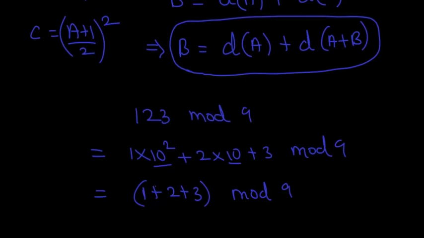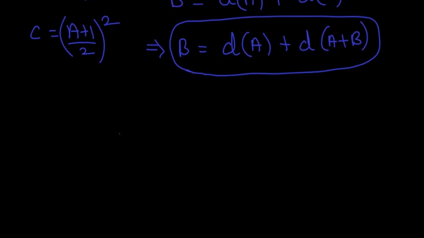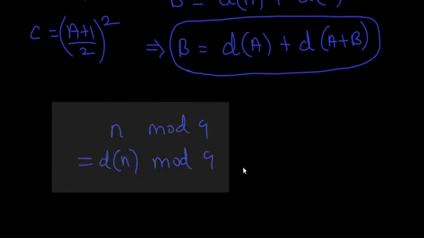So what this means is 123 mod 9 is equal to D of 123 mod 9, that is, sum of its digits mod 9. In general, n mod 9 is equal to D of n mod 9. This is one observation I want to make.